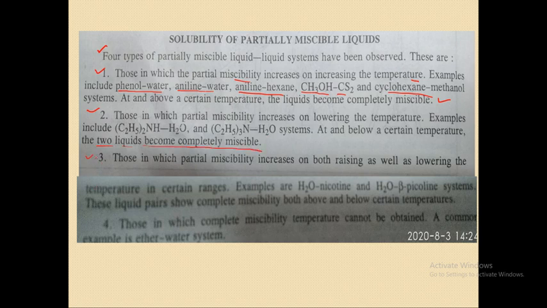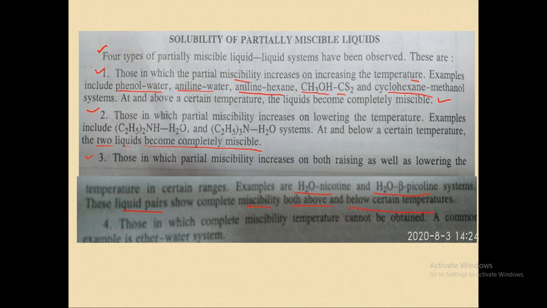Type number 3 is those in which miscibility increases on both rising as well as lowering the temperature in a certain range, for example water and nicotine, water and beta-picoline. This liquid pair shows complete miscibility both above and below a certain temperature.